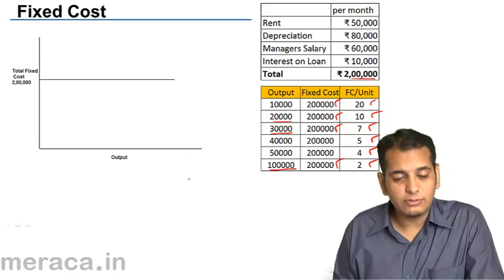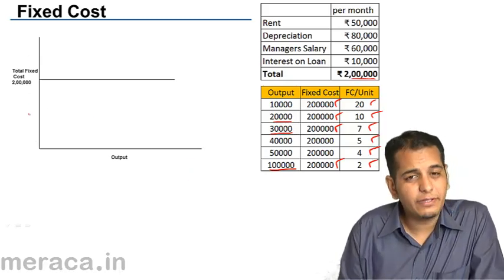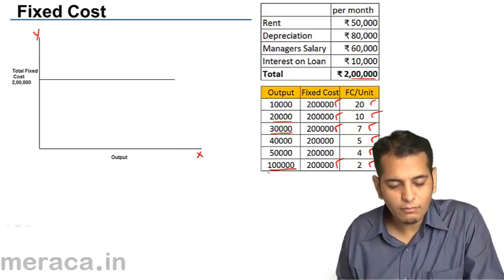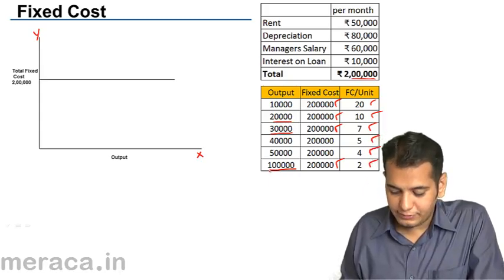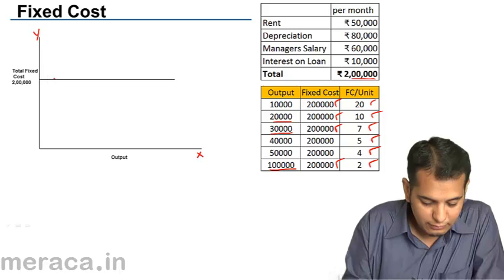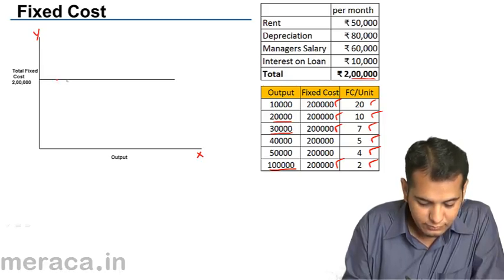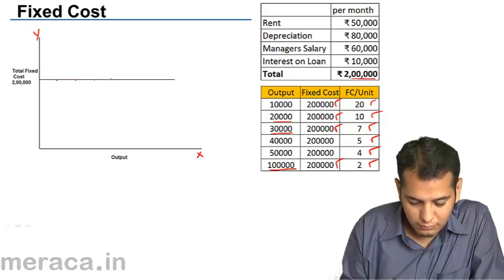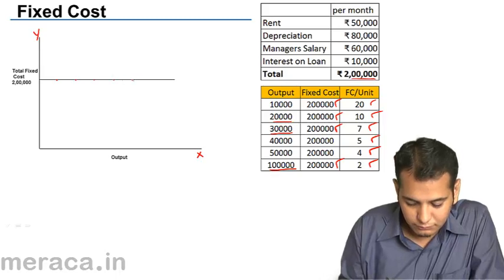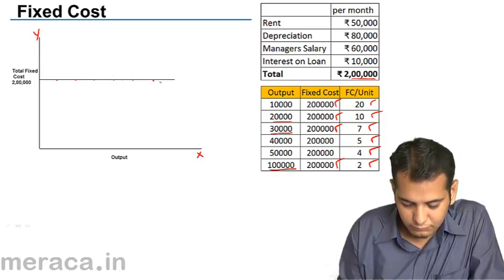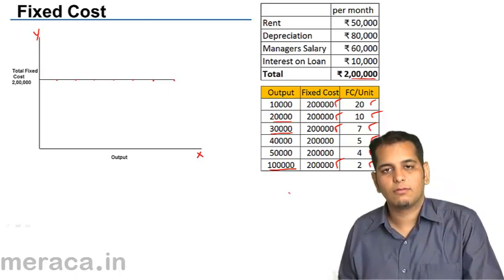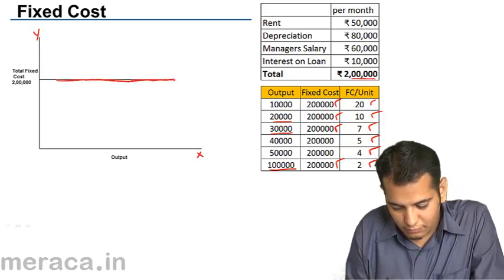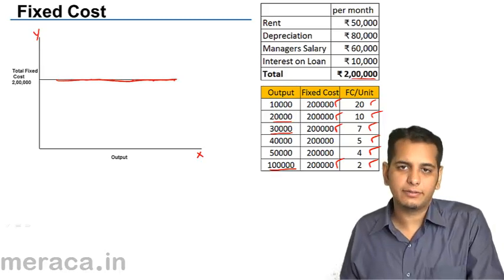So coming to this graph, we have taken the fixed cost on the y-axis and output on the x-axis. If we plot the points, it will be something like this. And if we join them, this is the straight line that we'll get.